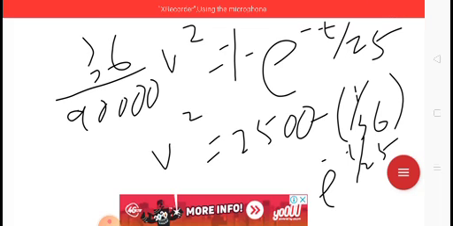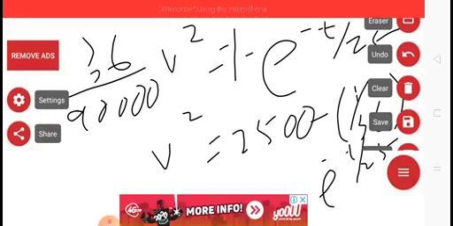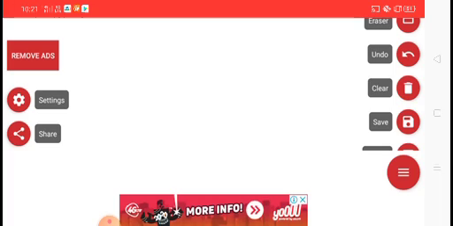Okay, for E, part 1, use the separation of variables and partial fractions to show that the integration of the second equation leads to the equation below. For part E, same thing, separate them to two sides.